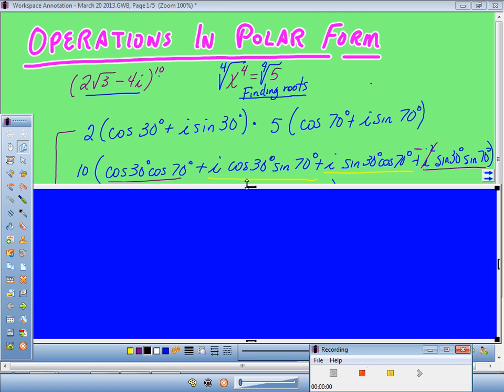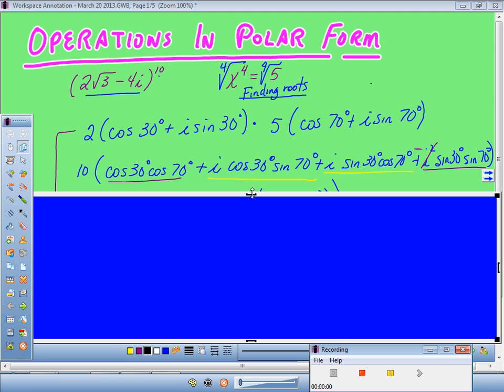But you may be going, hold it, I've seen something that looks like this before. I have underlined in purple here the cosine of 30 and the cosine of 70, the first term. The last term had become an i squared, which we made into -1, and we had sine of 30, sine of 70. Hopefully you're saying to yourself, hey, I think that's one of those A plus B identities.